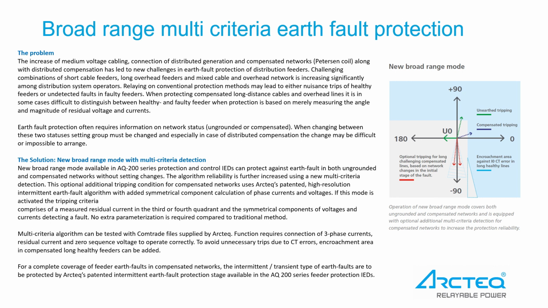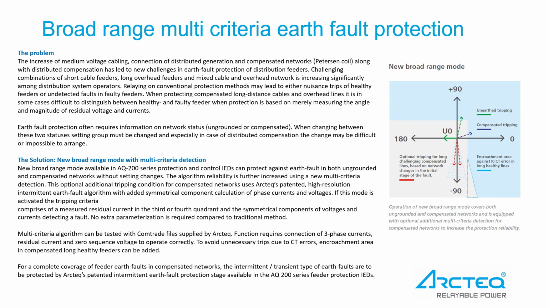The increase of medium voltage cabling, connection of distributed generation and compensated networks, along with distributed compensation, has led to new challenges in earth fault protection of distribution feeders. A challenging combination of short cable feeders, long overhead feeders, and mixed cable and overhead networks is increasing significantly among distribution system operators. Relying on conventional protection methods may lead to nuisance trips of healthy feeders or undetected faults in faulty feeders.